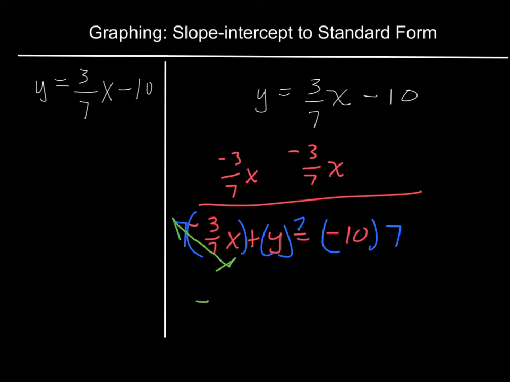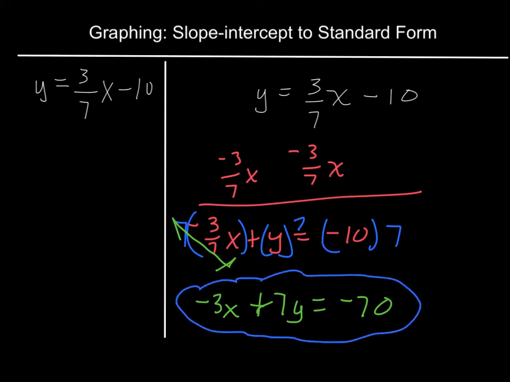So I'm left with negative 3x plus 7y is equal to negative 70. And this is considered standard form. Okay, so we've just switched from slope-intercept form to standard form, and then we'll be using these equations later in our graphing.